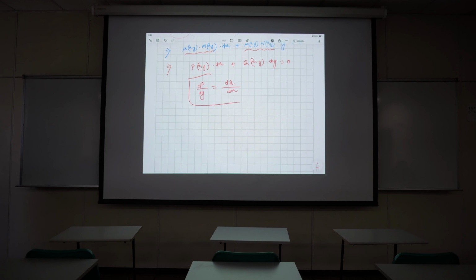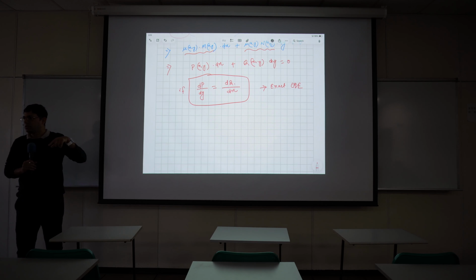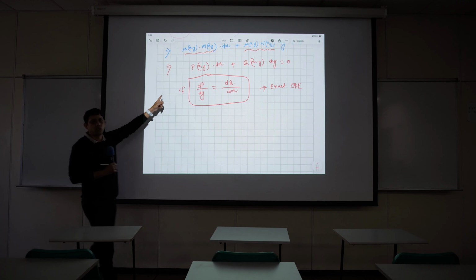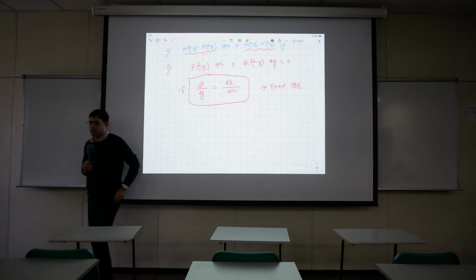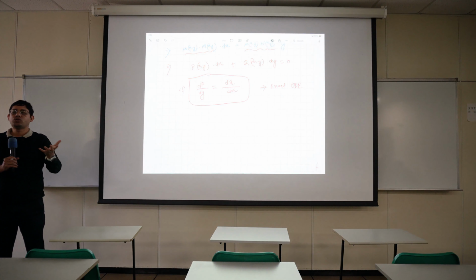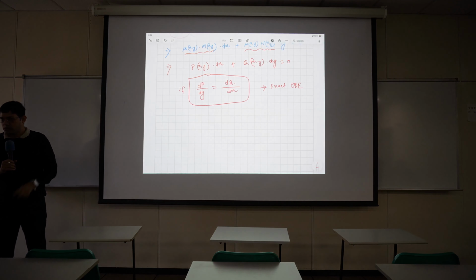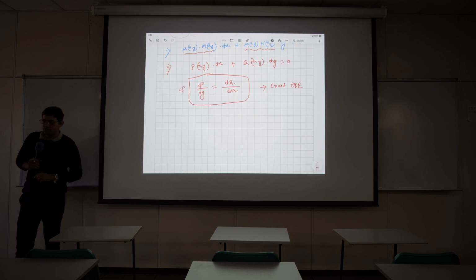If this condition is satisfied, then this new ODE becomes an exact ODE. Now the next thing is how to get this integrating factor. So let's take a break, then we'll discuss that one.